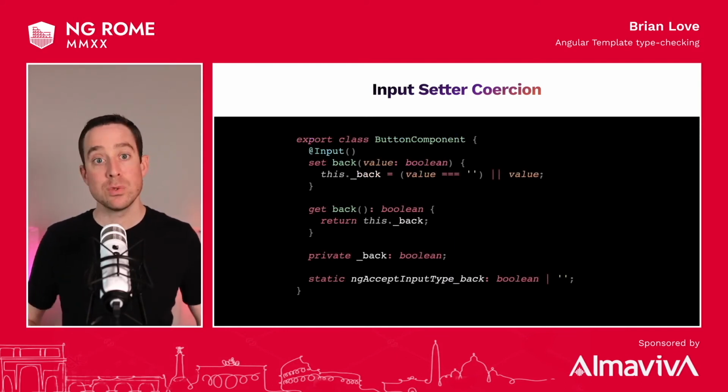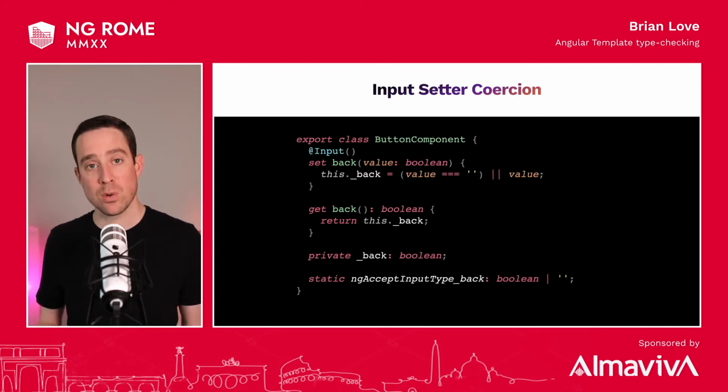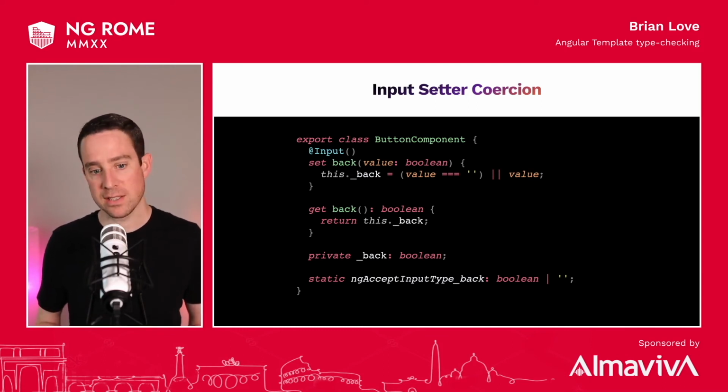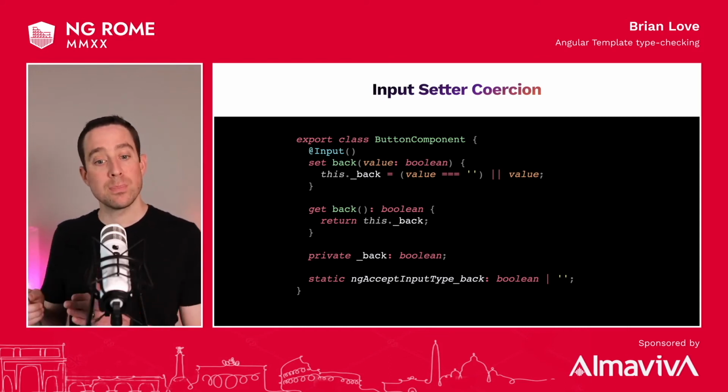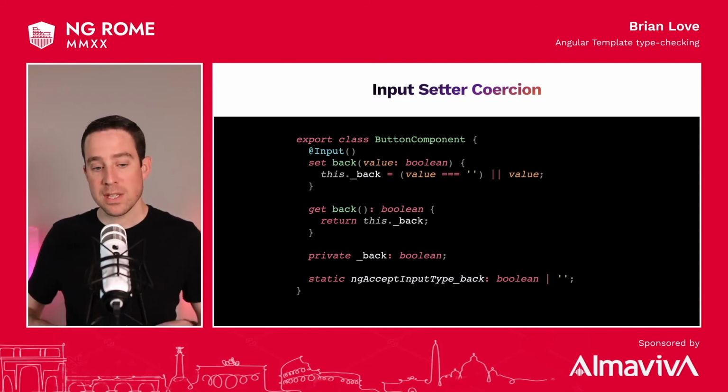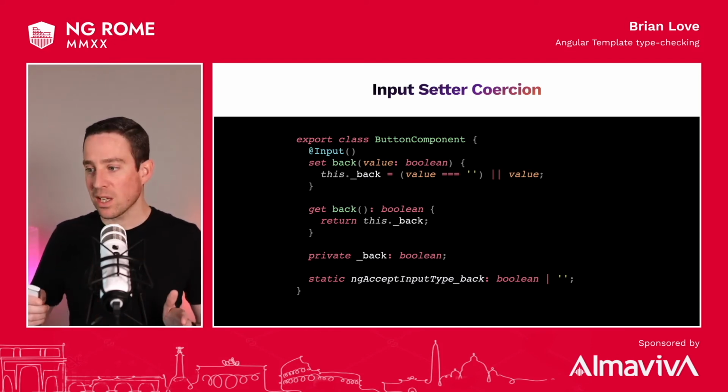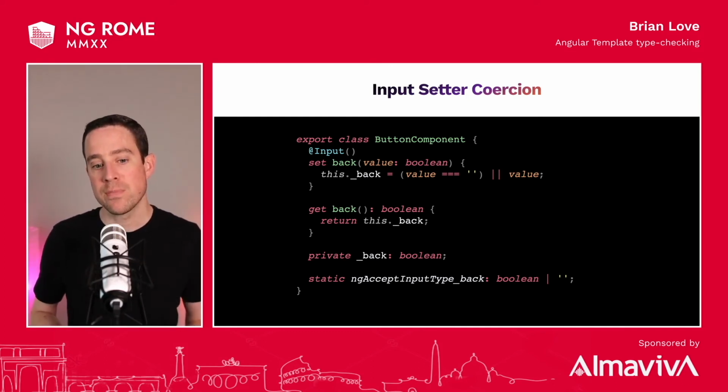So what we need to do is coerce the type and set that in our component in order to instruct the compiler accordingly. Take a look down at the bottom at this new static property that I've added to the class. The static property starts with this string. It's always going to be the same, ngAcceptInputType underscore. And that's kind of a magic string, like ngOnInit is the method that Angular is looking for.